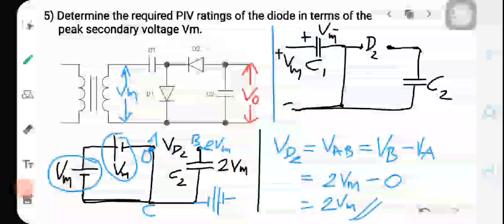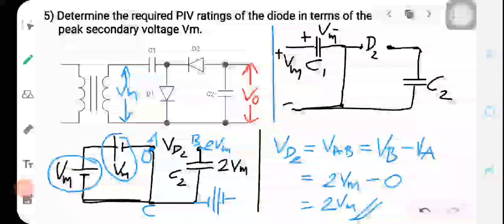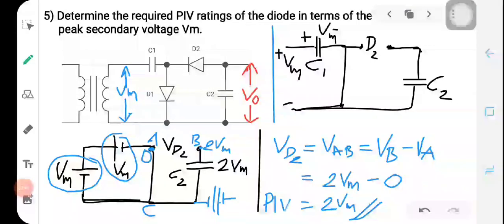So that is the voltage across the second diode, which is the peak inverse voltage of D2. So D2 must have a peak inverse voltage of 2 Vm.